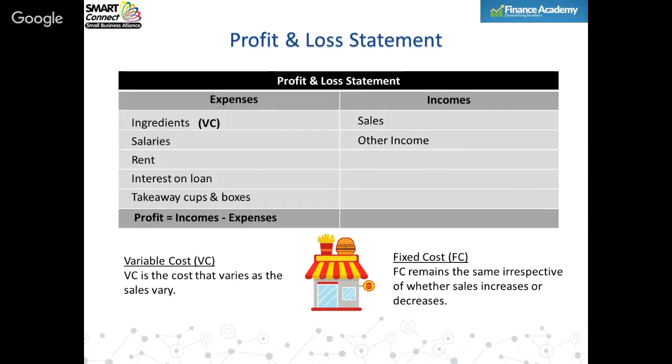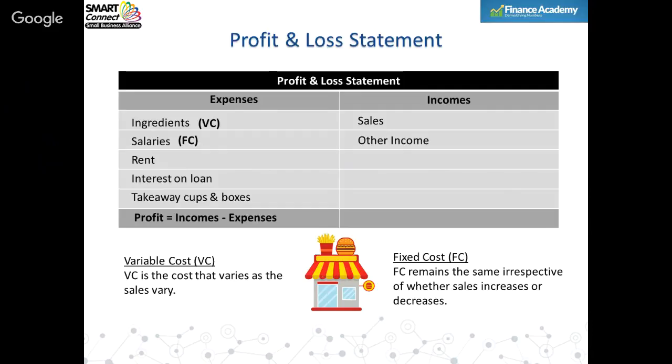Salaries. Is it a fixed cost or a variable cost? Yes, it is a fixed cost. However, if commission comes into the picture, then commission would be variable cost, because as a salesperson or a business development manager, you might have this incentive of getting commission if you help get more business, more sales to a business.